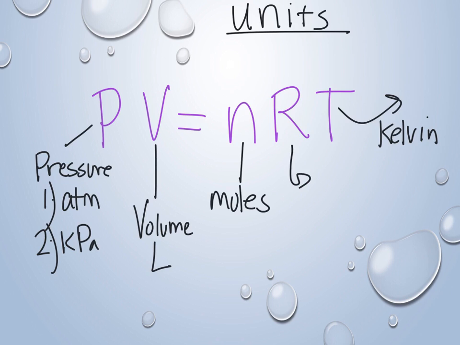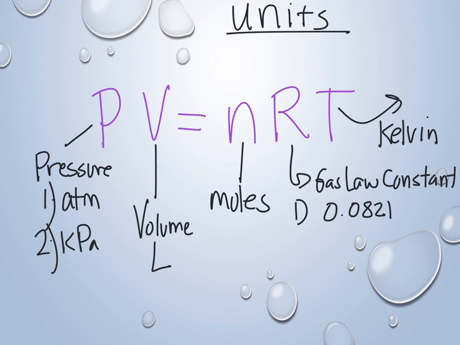R is a new factor. R is the gas law constant. And what it is, they have taken and considered all the factors to make this equation work and come up with a specific number. And if you choose to use pressures in atm, your gas law constant is 0.0821, and this is liters atm over moles Kelvin.